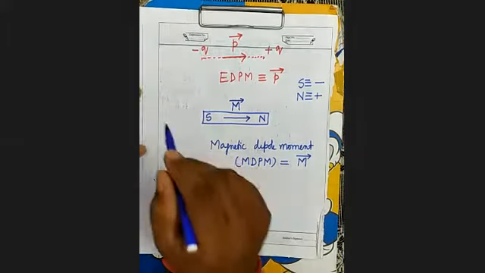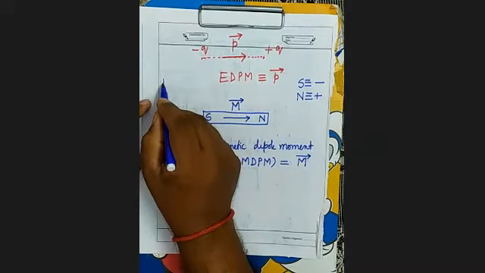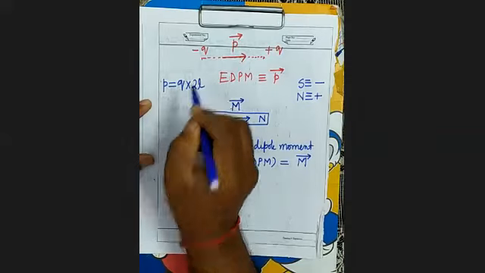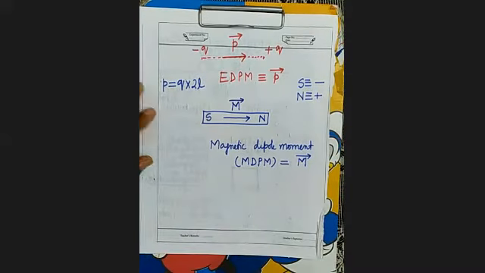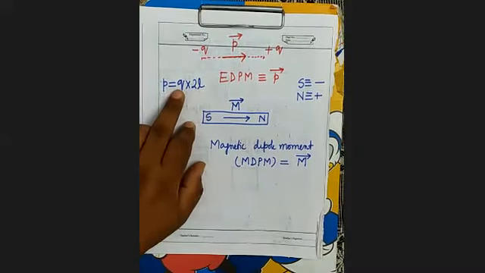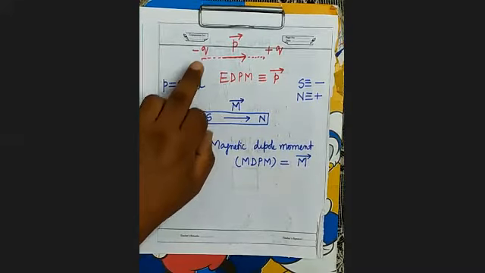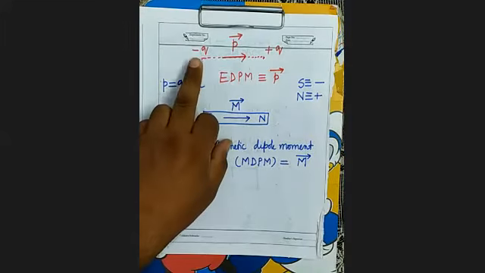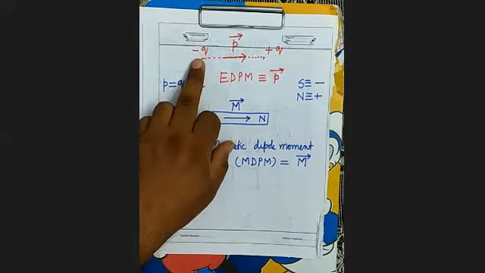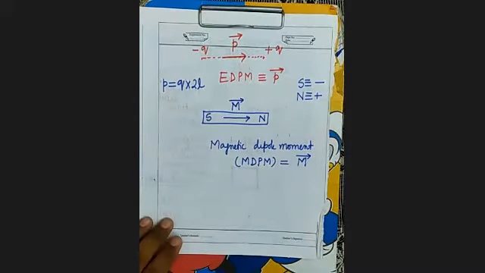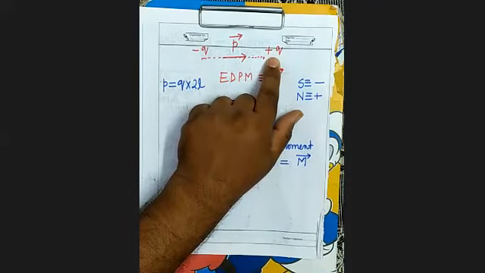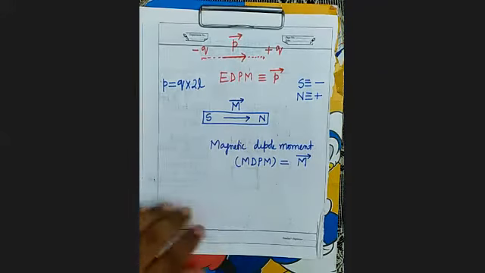Here you have seen that the electric dipole moment P is numerically equal to Q into 2L. What is Q? It is the strength of the negative and positive charge. The strength of the charges tells how strong these charges are, and that is known from their values.